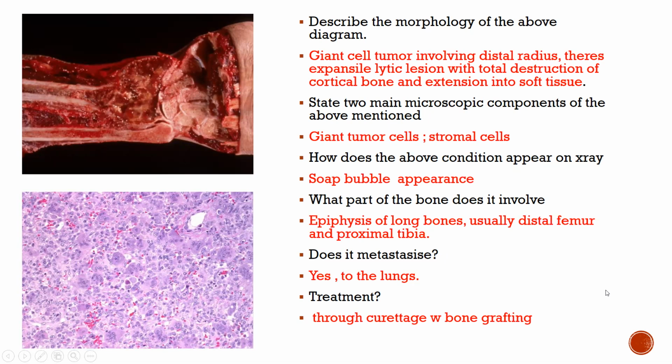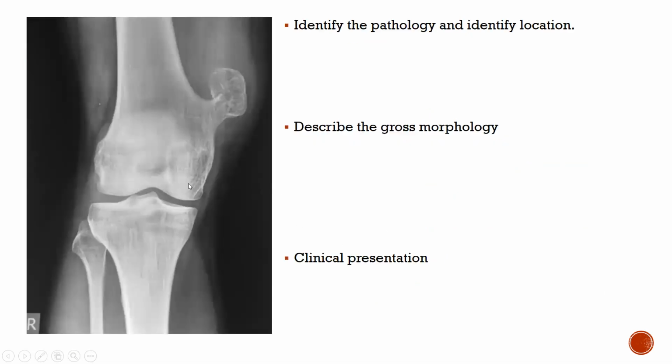Go to the next slide. Okay, what do we have here? Anyone to tell me what's going on here? Just general knowledge. You don't have to describe whatever you're seeing on your screen. Anyone?